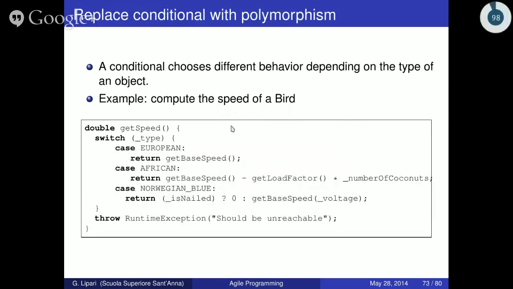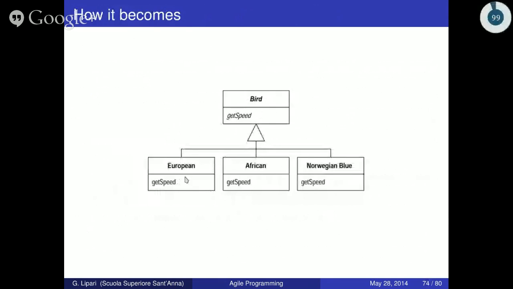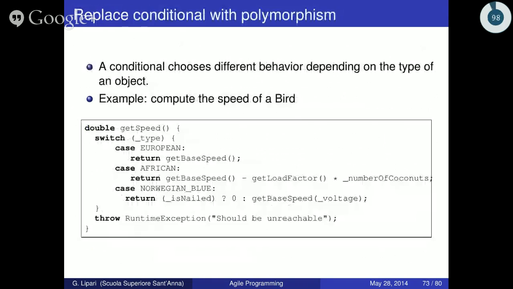We already have this, so suppose this is in class bird. And we are going to create derived classes, European, African, Norwegian blue, one for each type of object. Each one has a get speed. It cannot become simpler than that, okay?